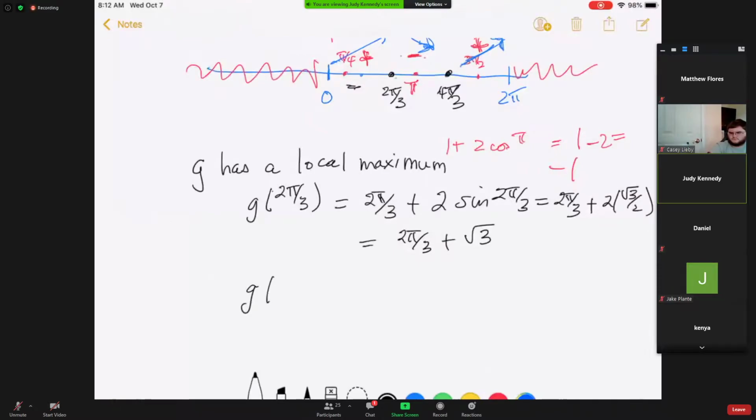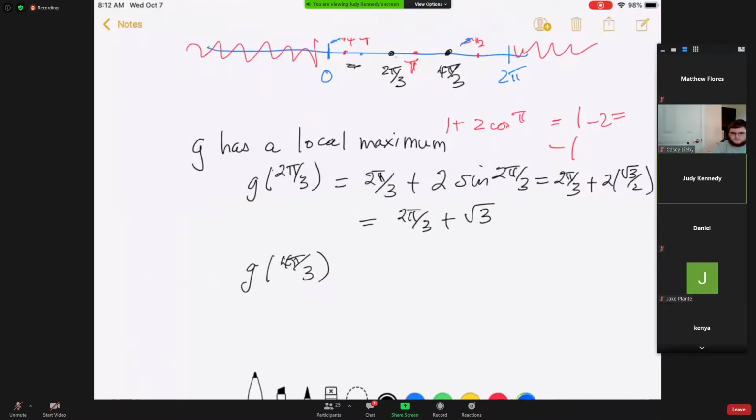But remember, I want you to leave your answers exact. And if you get an approximation, indicate that. And of course, on the test, you're not allowed to use calculators, so you wouldn't be able to get one anyway. I designed the test not to need calculators. And then, yeah, so the local maximum is 2 pi over 3 plus the square root of 3.